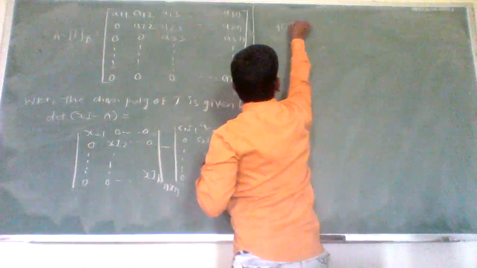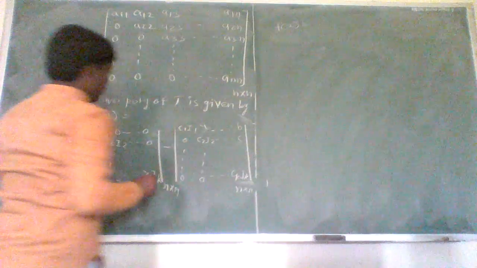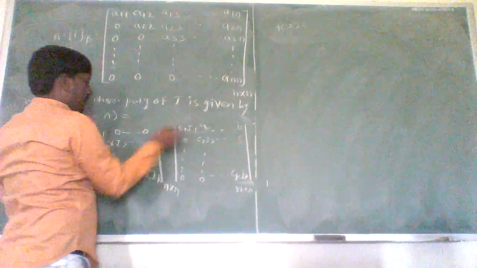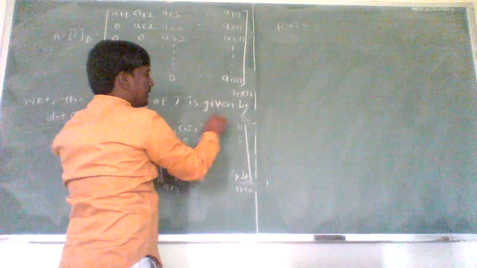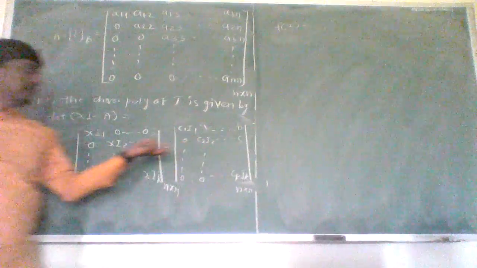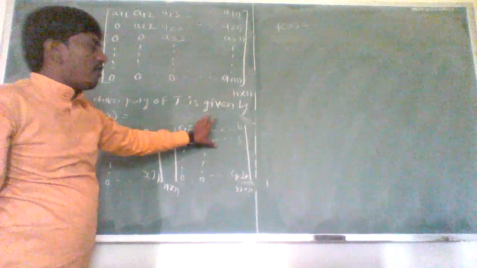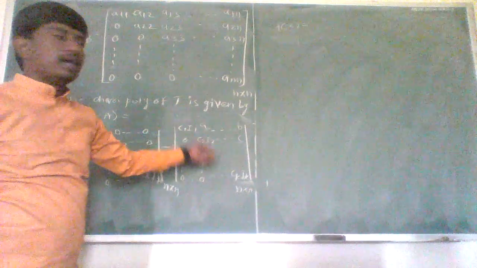So if we find this characteristic polynomial, f of x, we get this minus this, that is x minus c1 into I1, x minus c2 into I2 on the diagonal elements, and here we get the negative elements. But we know that the determinant of a triangular matrix is nothing but the product of its diagonal entries.